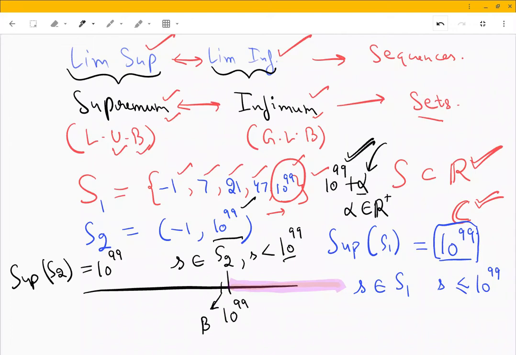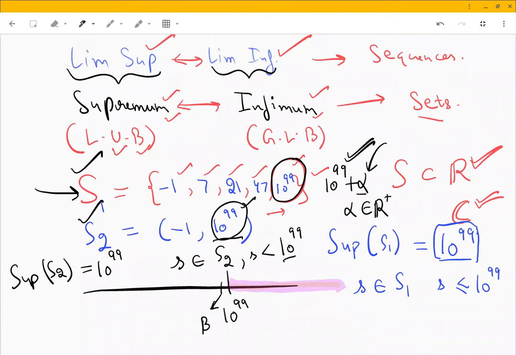Both these sets have their supremum as 10 to the power 99. 10 to the power 99 is itself contained in the set S1.